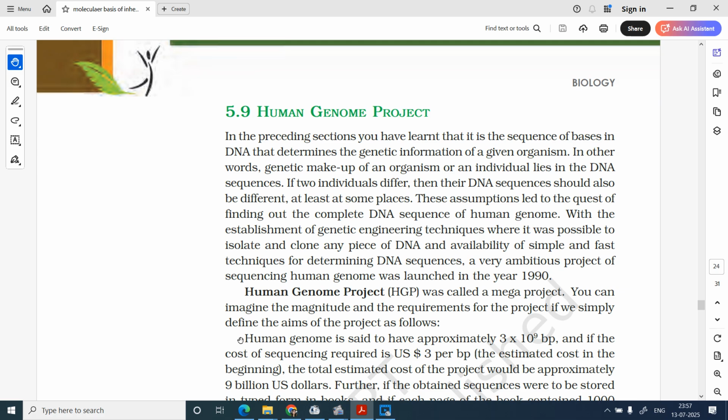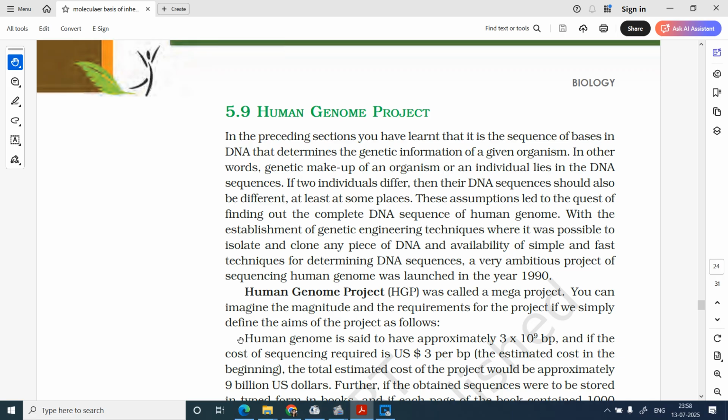In the preceding sections, you have learned that it is the sequence of bases in the DNA that determines the genetic information of a given organism. In other words, the genetic makeup of an organism or an individual lies in their DNA sequences. If two individuals differ, then their DNA sequences should also be different, at least at some places.